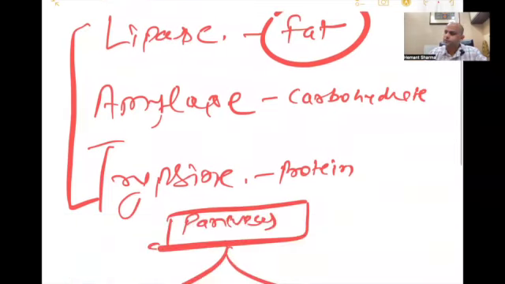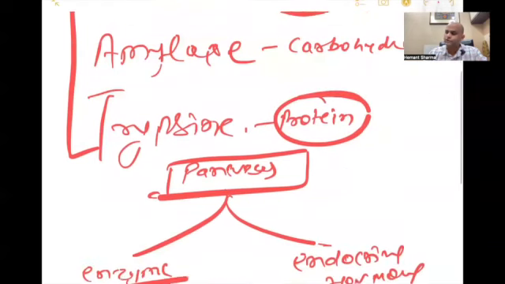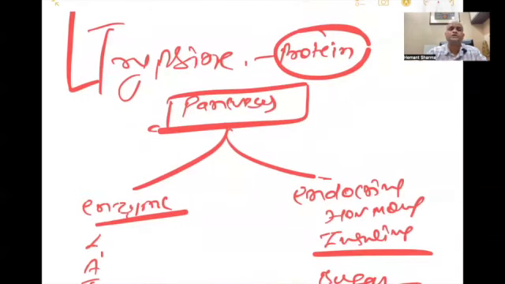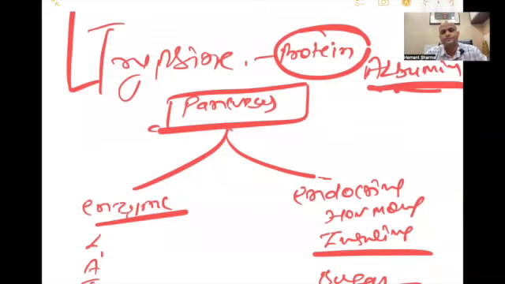If there is a disturbance of protein metabolism, like protein coming in the urine, which is very common, the patient will come to you and say, doctor, there is protein in my urine, there is albumin in my urine. Albumin is a protein. Then you have to treat the pancreas meridian.